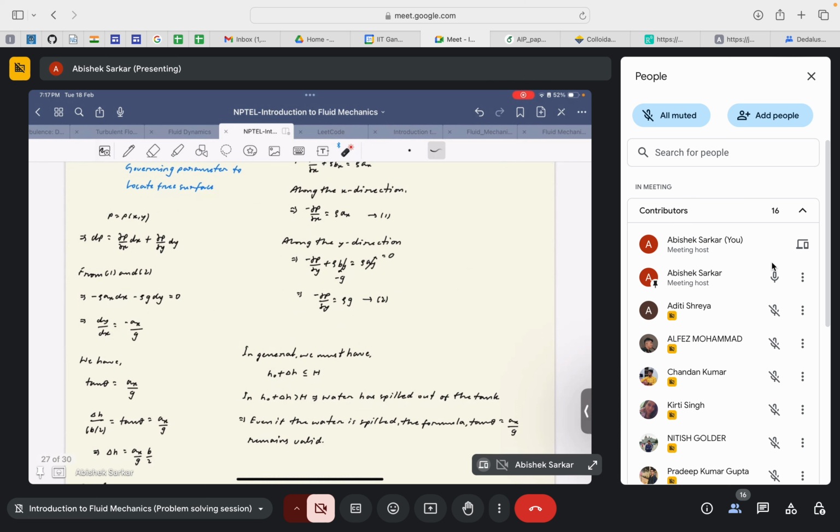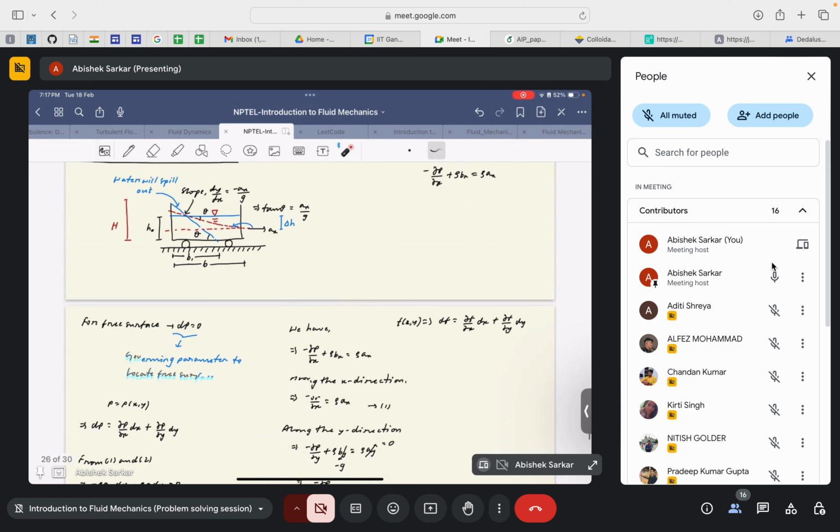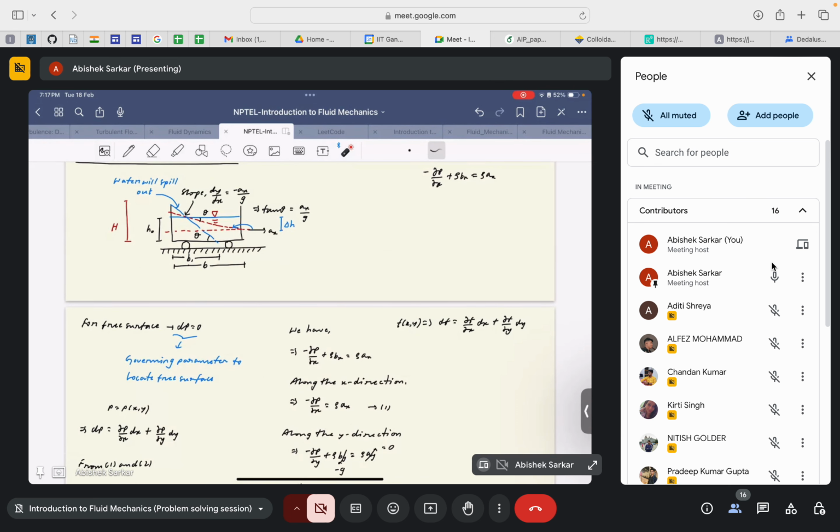Where if we look into this expression, say if this is your total displacement and theta, then this would be say delta h. Delta h by b would be equal to tan theta, or that would be equal to ax by g.